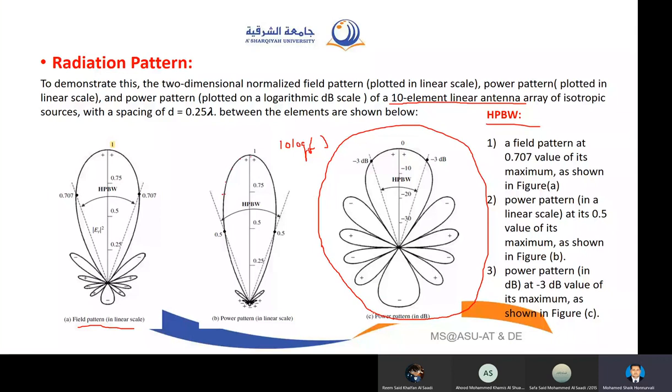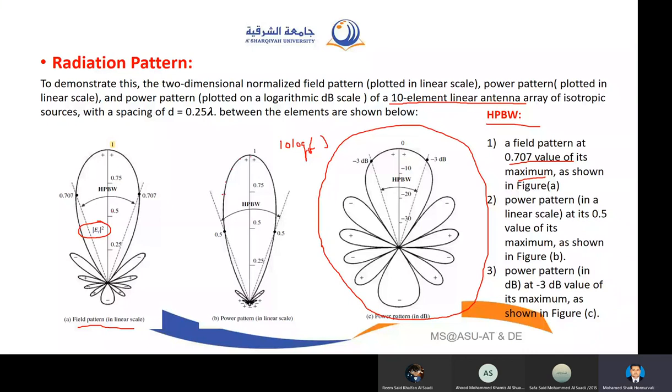Okay, next is our half power beam width. See, half power beam width has three definitions based on the pattern. If it is a normalized field pattern, that is, only the electric field magnitude, then the half power beam width can be calculated when you equate that function to 0.707 of its maximum value.